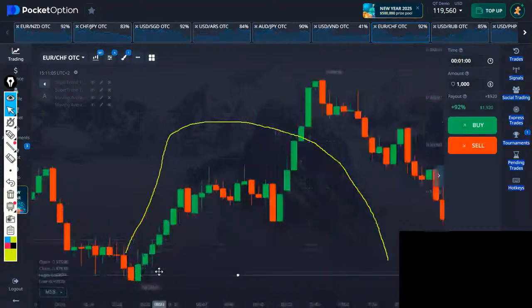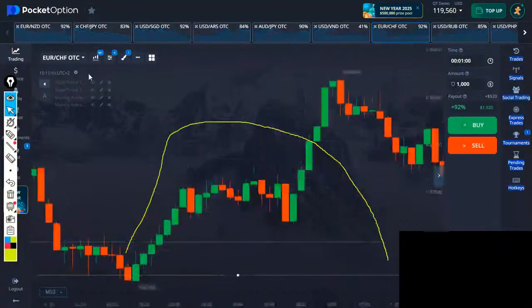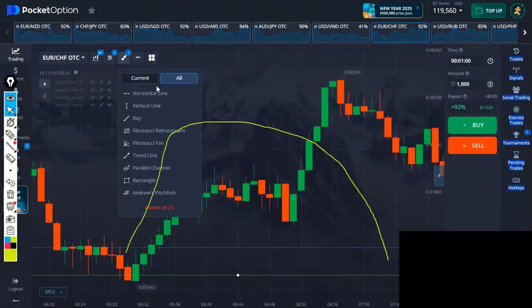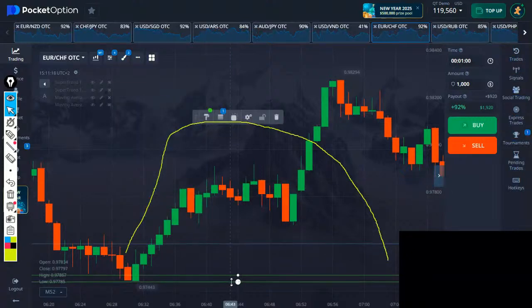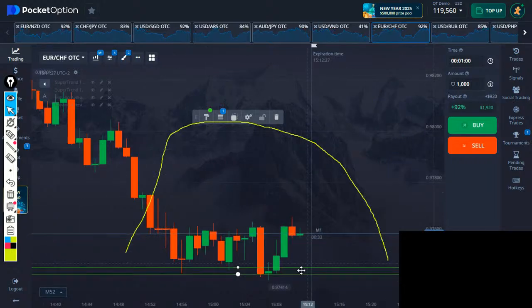See that? You can mark your entry zone with a rectangle or two straight lines, doesn't matter. So this area over here is going to be our entry point when the price reaches between these two lines.